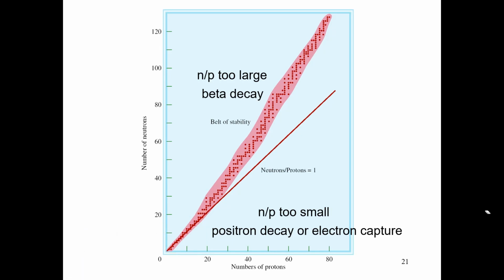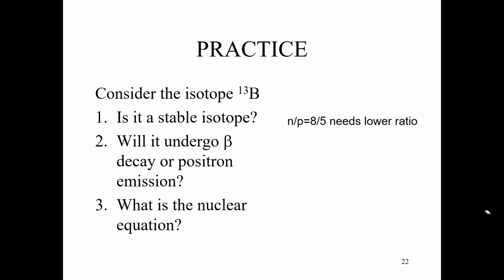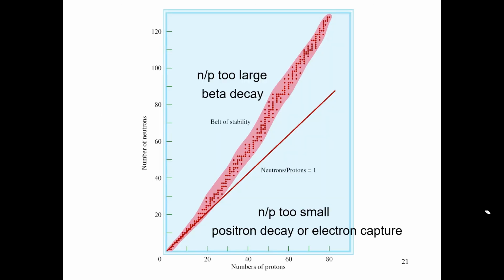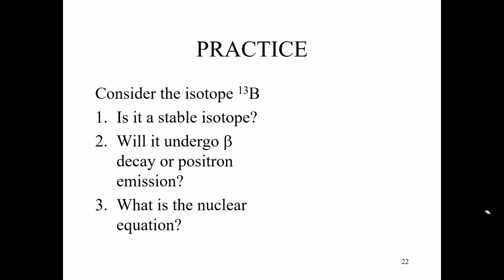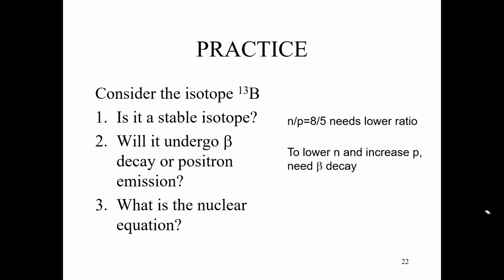So we're going to have to decrease the ratio. How do you decrease the ratio of neutrons to protons? Again, you come back to this chart, and if the N to P ratio is too large, you expect beta decay, as it says here on the top of this chart. So we would expect beta decay in order to lower the number of neutrons and increase the number of protons.